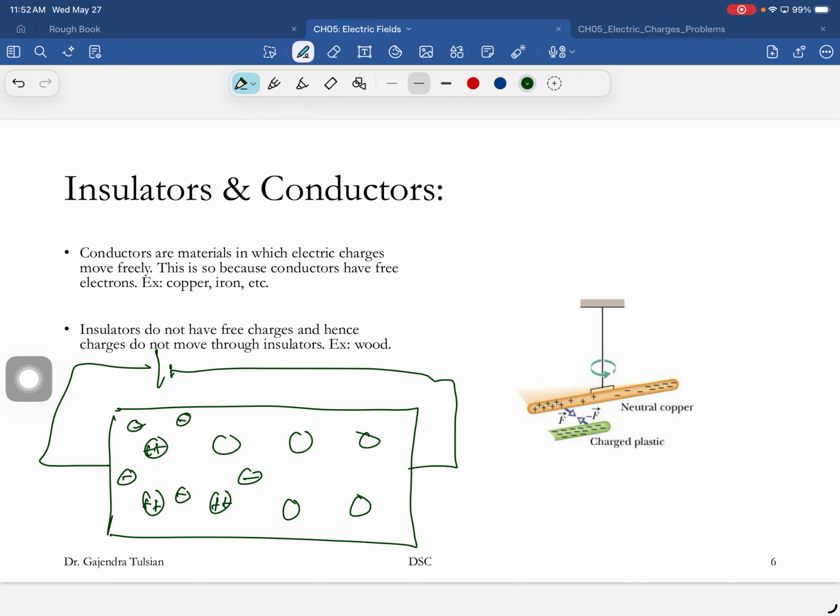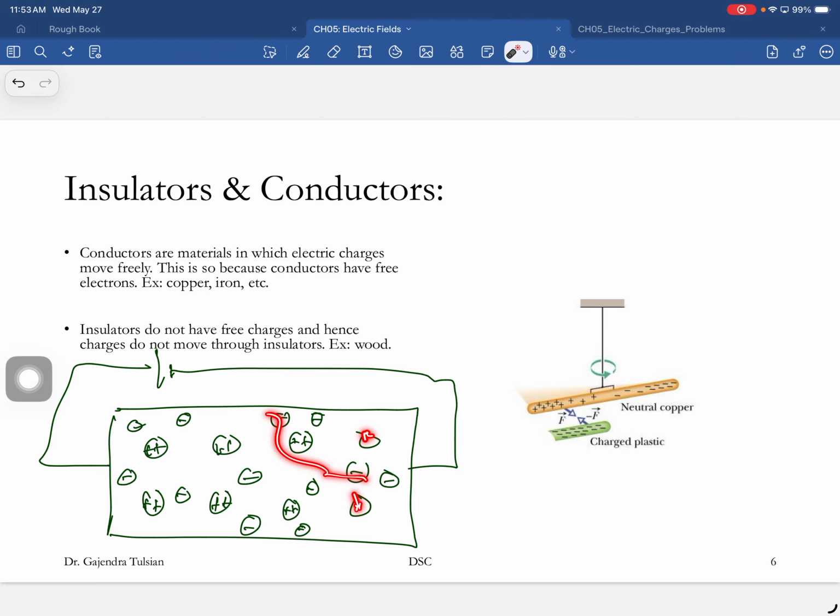And these electrons, you can loosely think of them as moving about like the gas in this room. Again, you'll have to get a more refined picture later, and we'll give you that later. So these guys are fixed, the positive ions, and these negative electrons can move about freely.